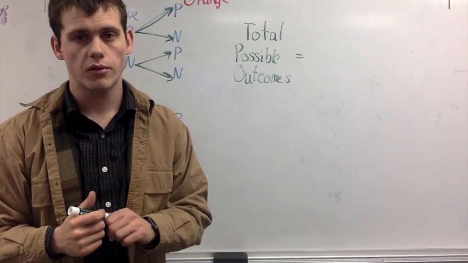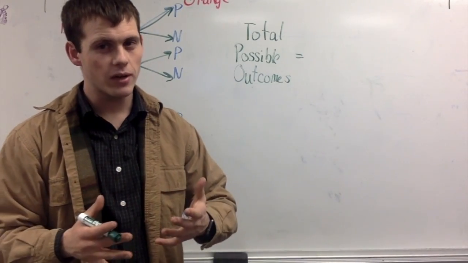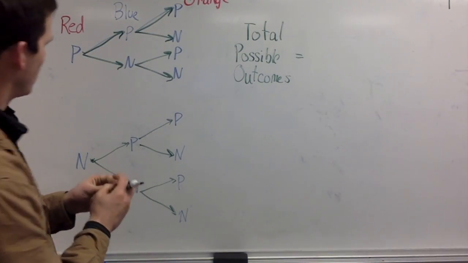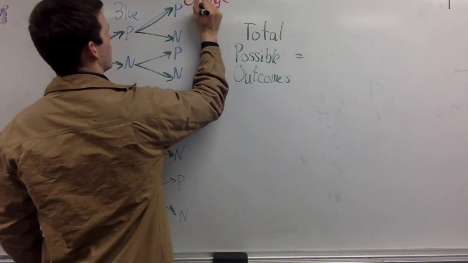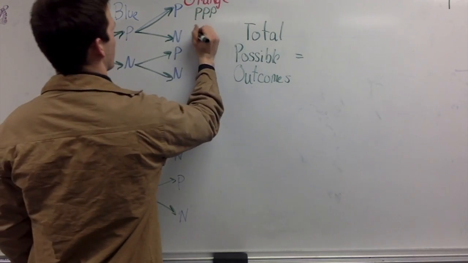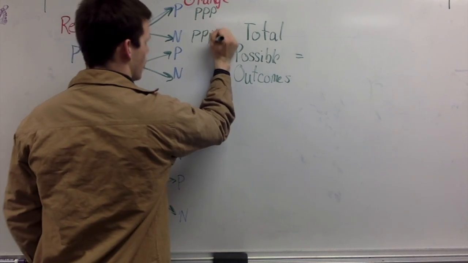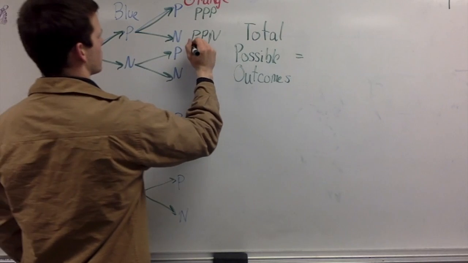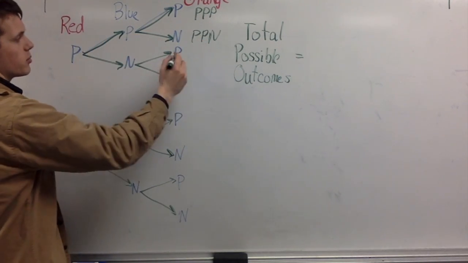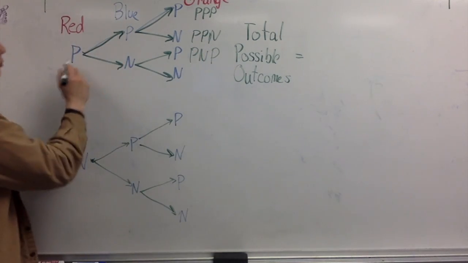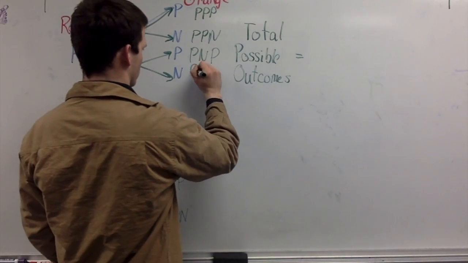So our first question we have to ask ourselves is, how many different outcomes are there? So if we looked, we could go prize, prize, prize, prize, prize, no prize, prize, prize, no prize, prize, and then prize, no prize, no prize.